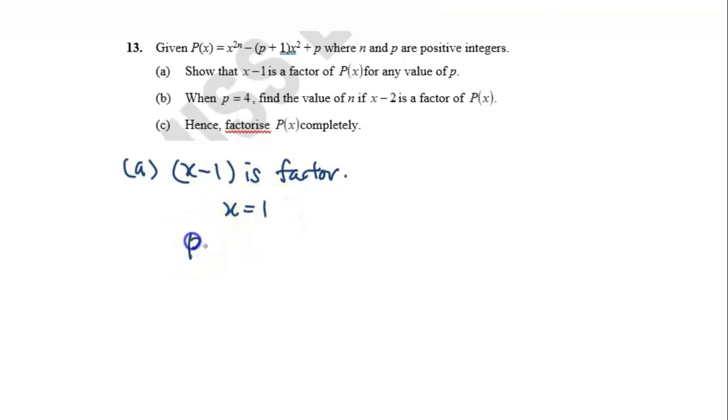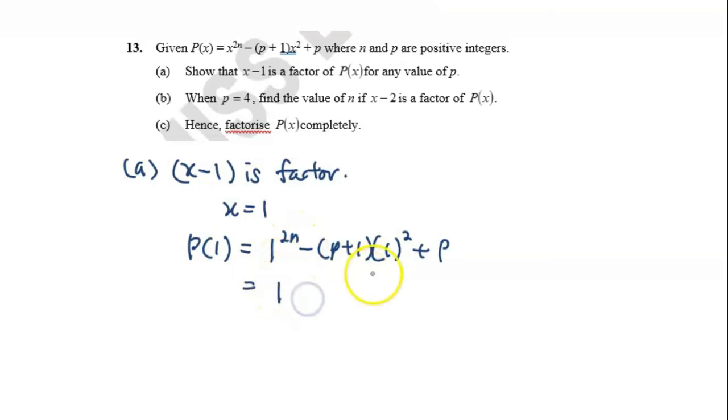We will substitute the value of 1 into the polynomial so that we get 1 to the power of 2n minus (p plus 1) times 1 squared plus p. For 1 to the power of anything, we will still get back the value of 1. And then 1 squared, we expand with p plus 1, we will get negative p minus 1 plus p.